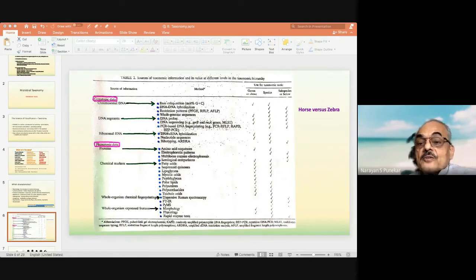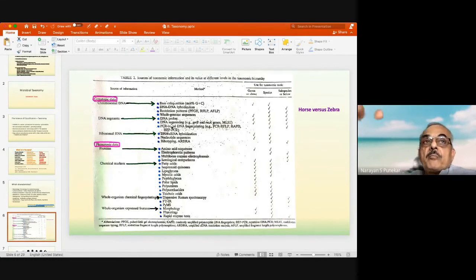And the student quickly went ahead and said, I will take a small sample of the tissue, isolate the DNA, and do restriction analysis, RFLP or RFPD. I don't know how many of you know these terms, but the person wanted to actually look at the DNA, go back to the genetic markers, genotypic data, and then say, look, this is a horse because we have a pattern for horse DNA, we have a pattern for zebra DNA.